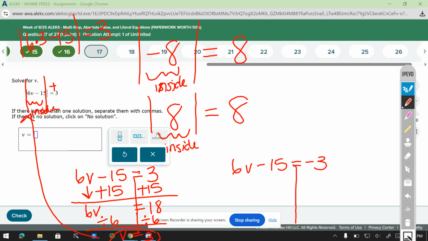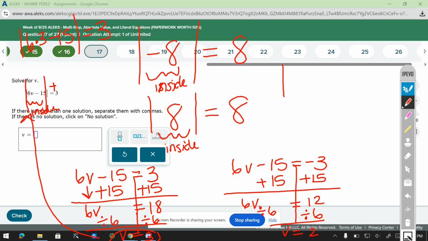Let's solve the other equation. Doing essentially the same steps, adding 15, and then dividing by 6, I get 2. Now let's put this back into the equation to check. 6 times 2 minus 15. 6 times 2 is 12, minus 15 would be -3.